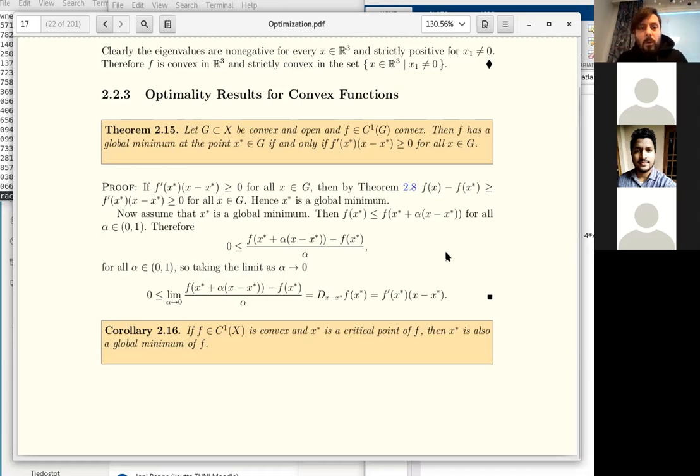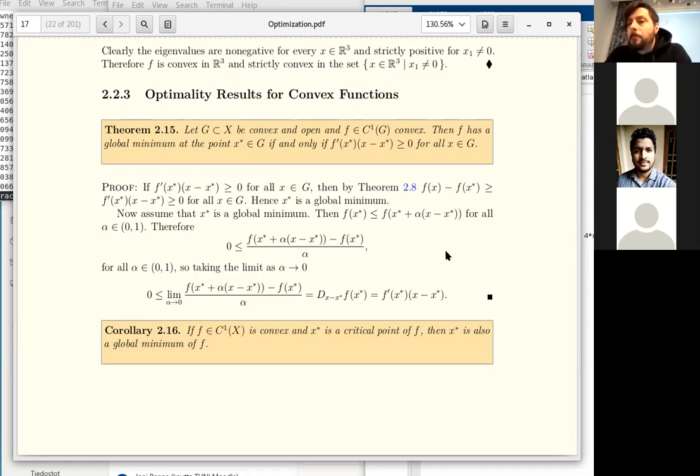So what does it mean? Well, it means that if we find a critical point of f, meaning for a convex function, a point where the gradient is 0, then we've actually found a global minimum. There you have it.